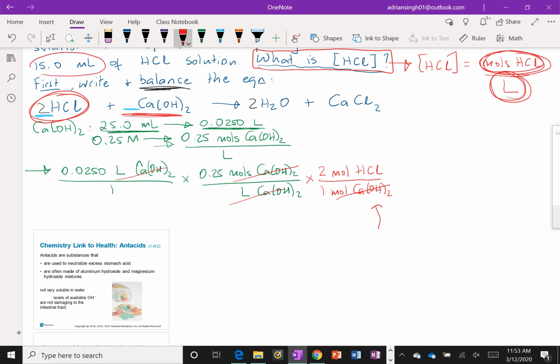No, but we know how many mL were used, 15.0 milliliters. We can convert that to liters. We simply divide by 1,000, and that's 0.0150 liters of our HCl solution. And we can just stick that right in here and divide, which is the same as multiplying by 1 over our volume.